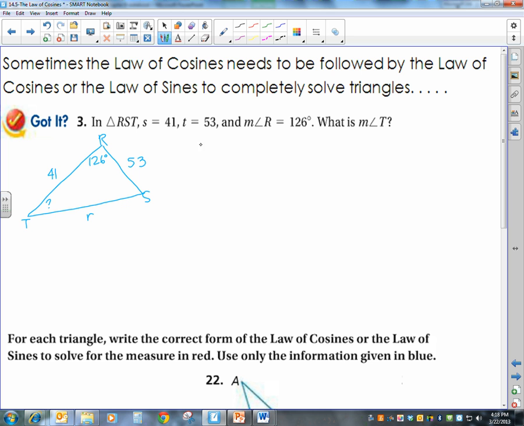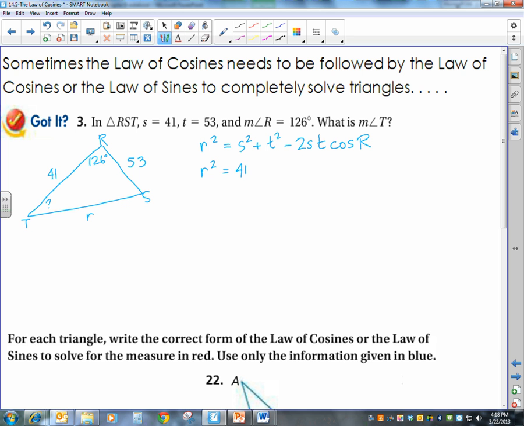So before I plug them in, I'm going to write the formula with r, s, and t. So I have r squared equals s squared plus t squared minus 2st cosine of r. So r squared equals, oh, what's s?